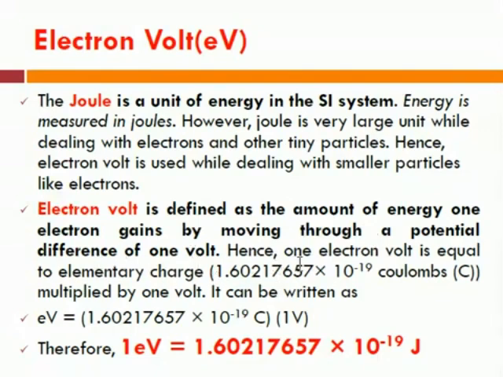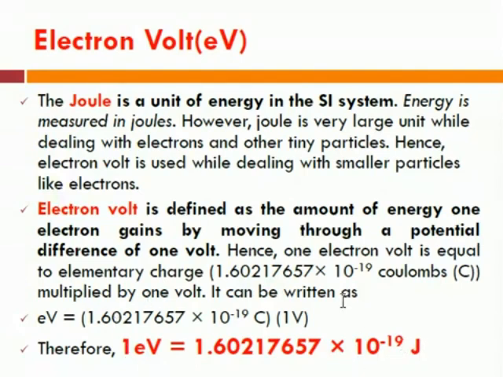Hence, 1 electron volt is equal to the elementary charge, approximately 1.60 times 10 raised to negative 19 coulombs, multiplied by 1 volt. So 1 electron volt is equal to 1.602 times 10 raised to negative 19 joule.